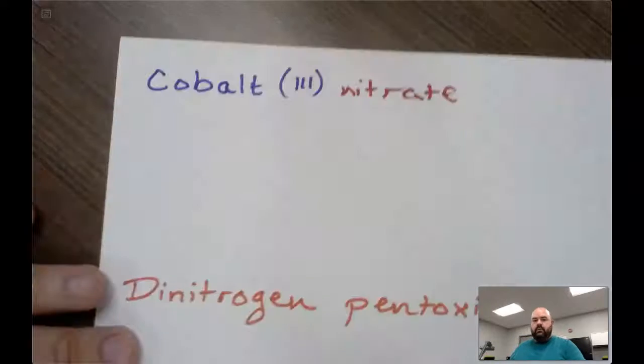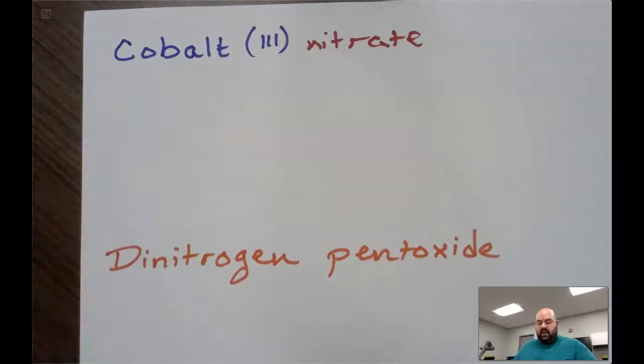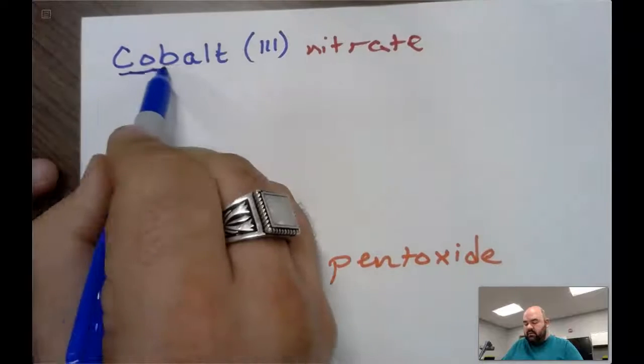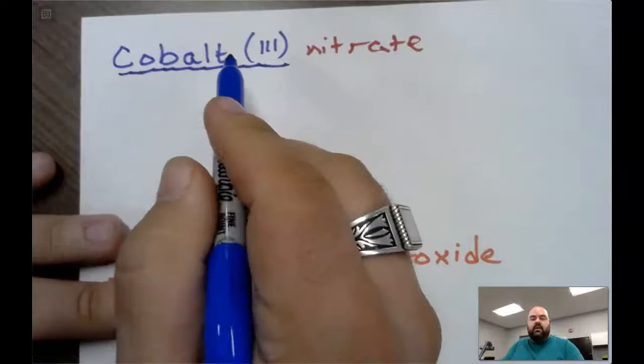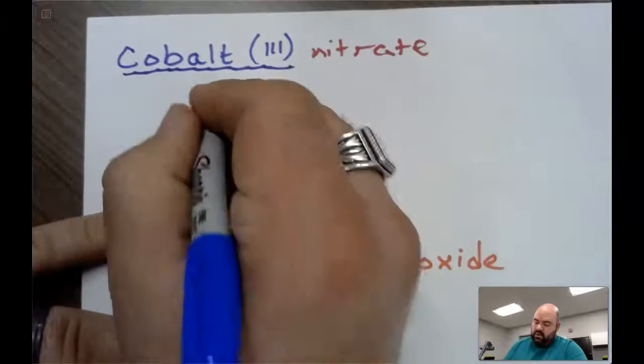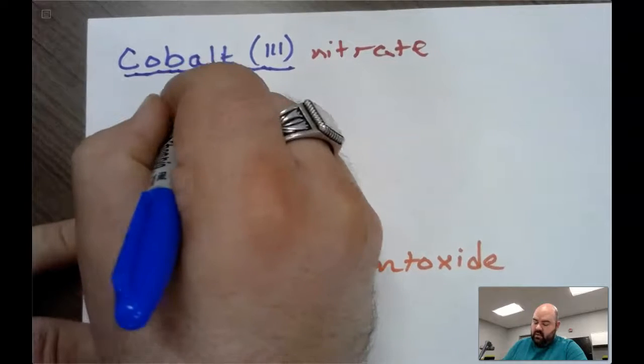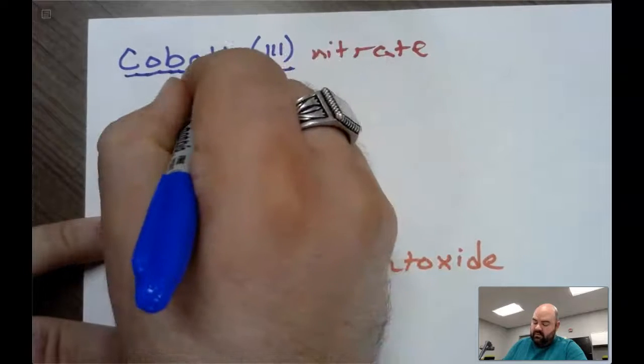So our last couple of examples here. Here we have another example of an ionic compound. I know it's ionic because it contains cobalt, which is a type 2 metal. Cobalt, according to the periodic table, has the symbol Co, and the Roman numeral tells me it's 3+.